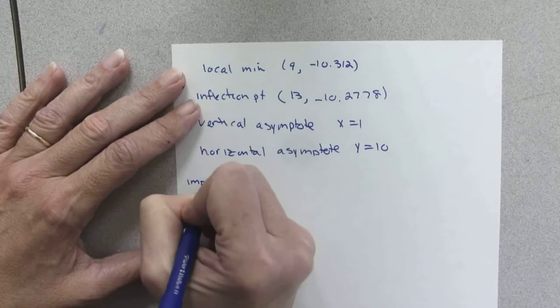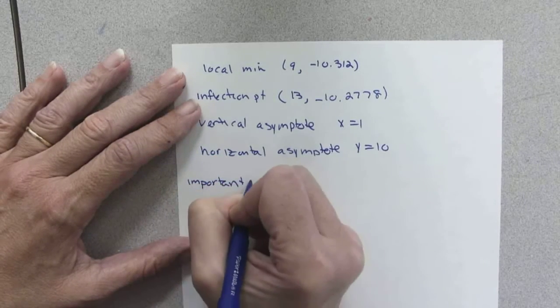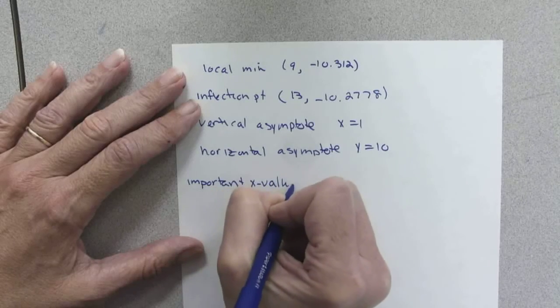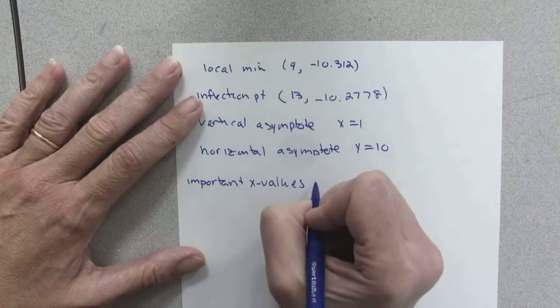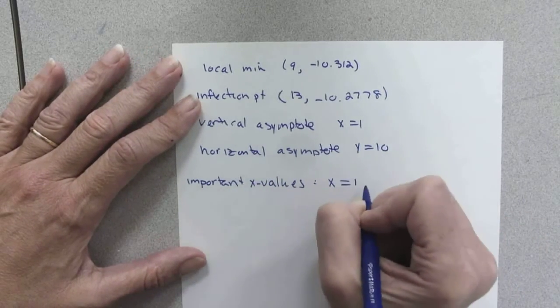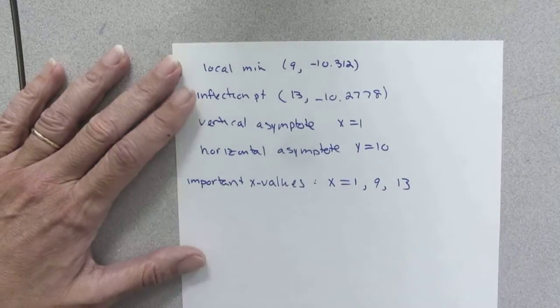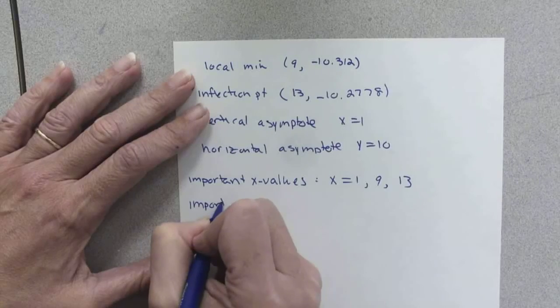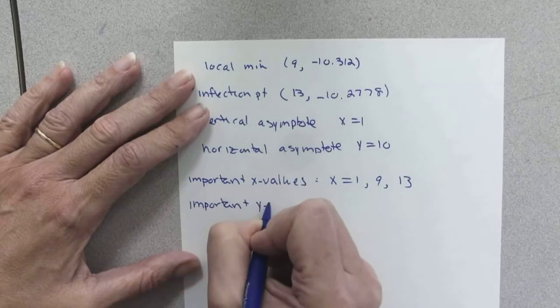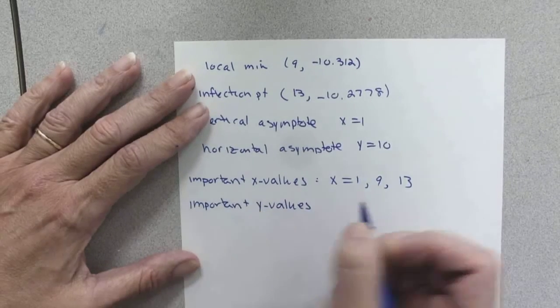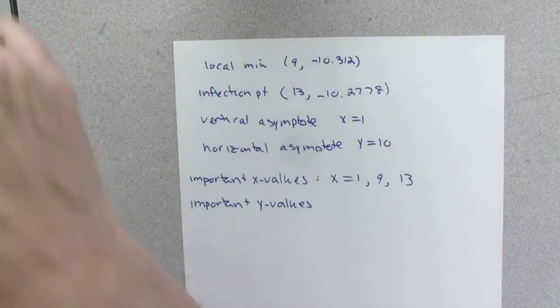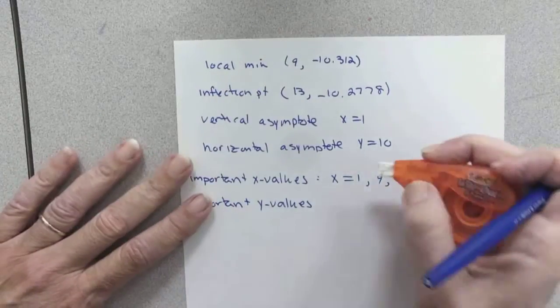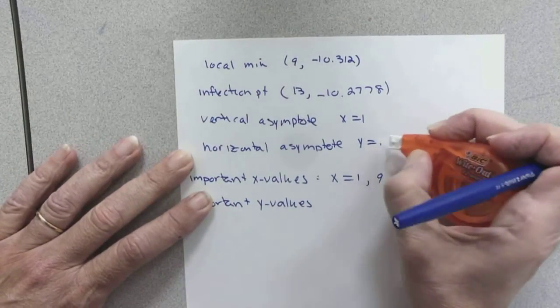Important x values turned out to be x equal 1, 9, and 13. Important y values turned out to be, and this is supposed to be y equal negative 10 here. That was a typo.